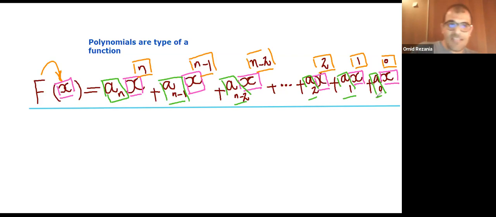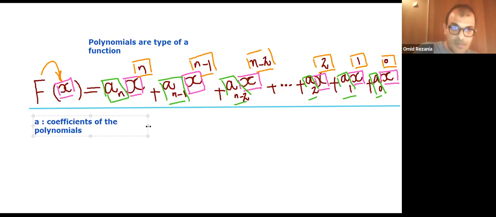These are, I should say, we call them coefficients. Coefficients of the polynomials, which you will see in functions 12, advanced functions, they have very interesting interpretation.